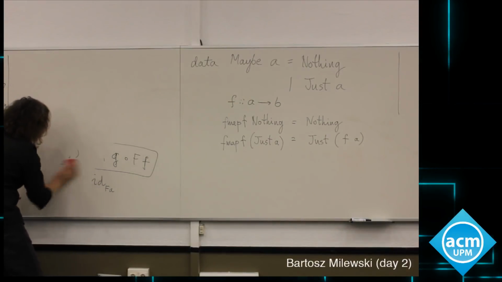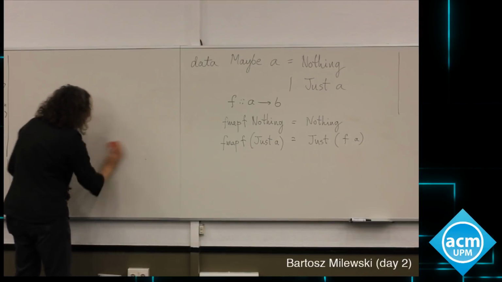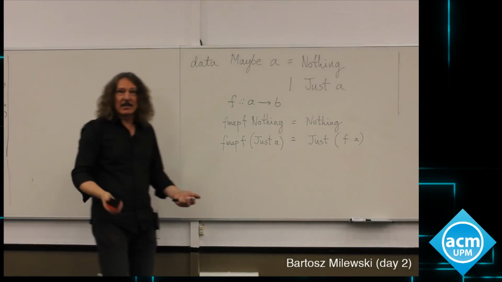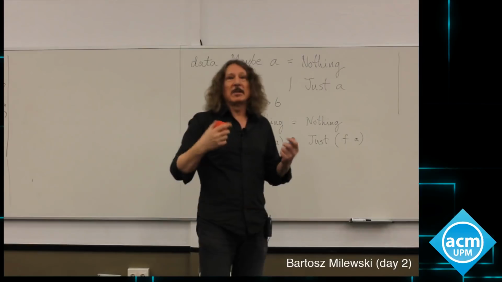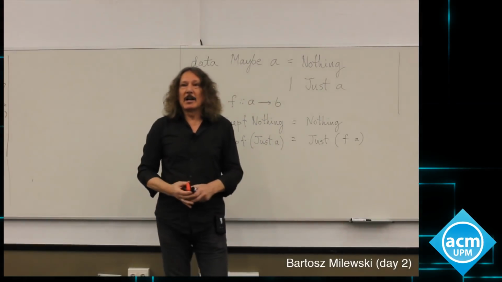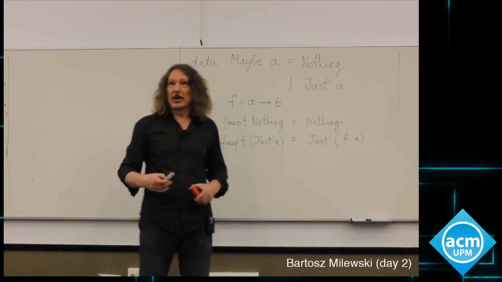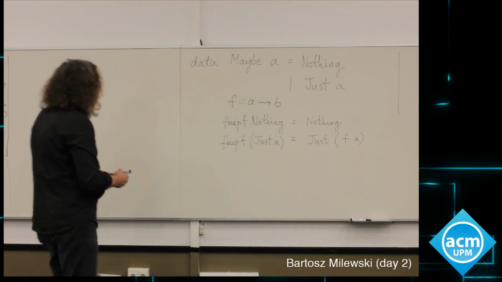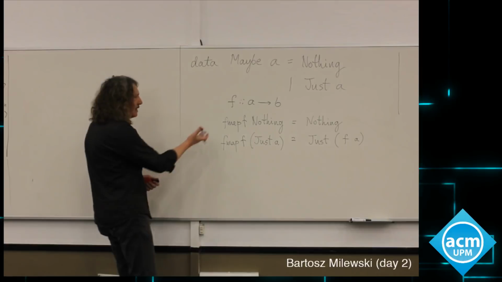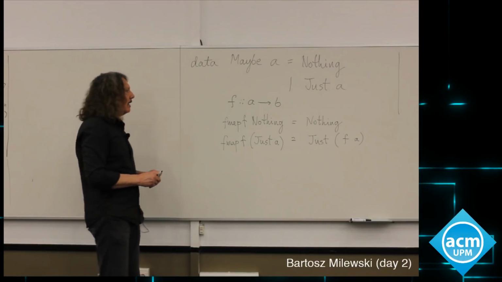It's called equational reasoning. You cannot really execute this, you cannot implement it in Haskell. But you can use Haskell notation to reason about Haskell programs. So let's try to reason about this.